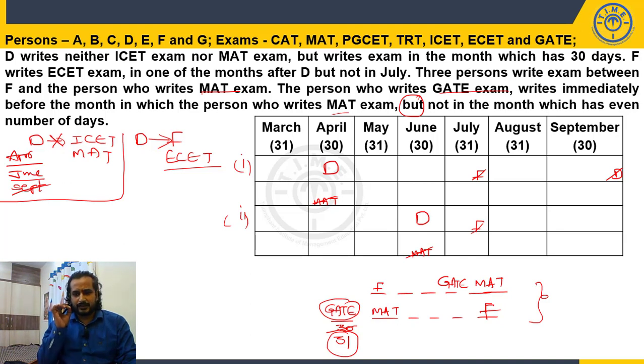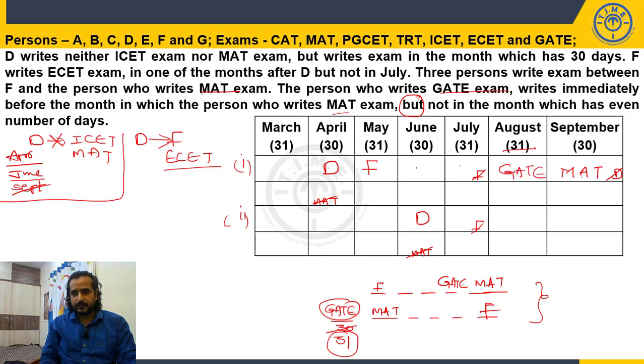So let's check each and every possibility for F and we'll decide. Earlier we thought of F in so many places, so let's check each and every place. Now there is one possibility, F here: F, 1, 2, 3, MAT. Before MAT, immediately GATE.